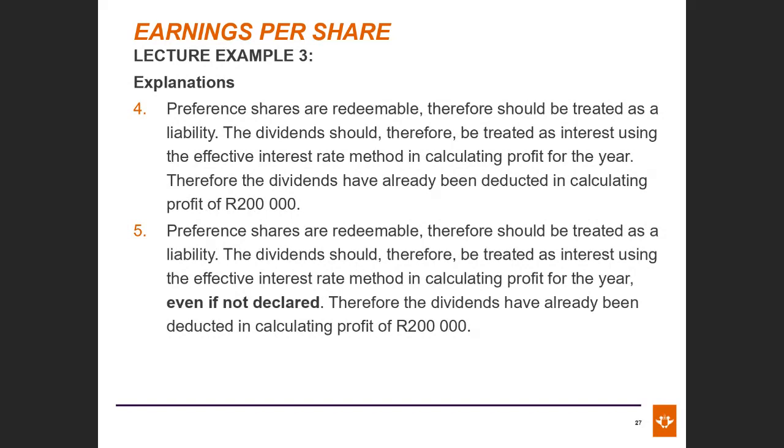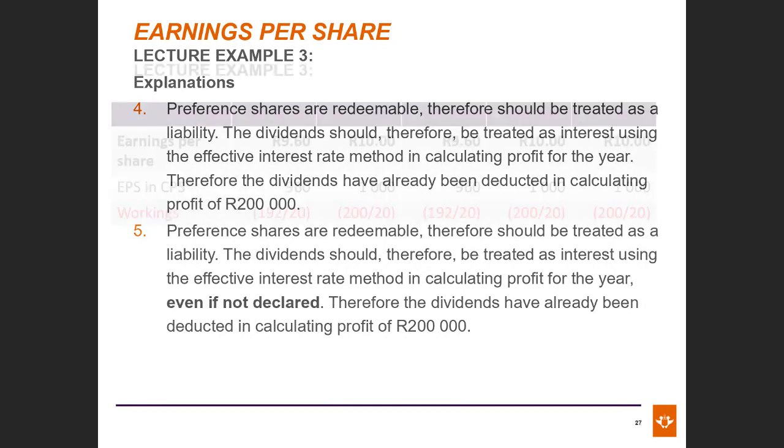Therefore, they were treated as a liability, and the dividend should therefore be treated as interest and calculated using the effective interest rate method. Therefore, these would have already been deducted when calculating the profit of 200,000. So in both of these situations, because the preference shares were definitely redeemable, they would be treated as a liability. Therefore, there would be no deduction of the preference dividend.